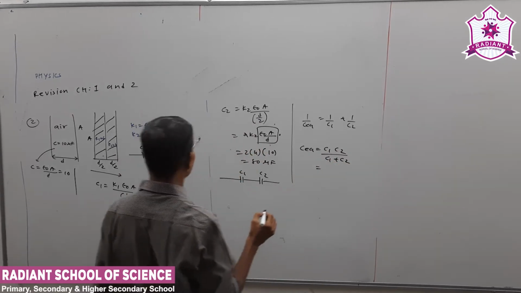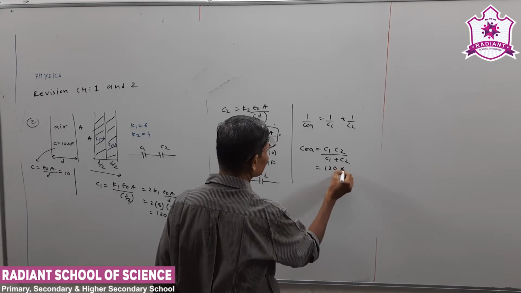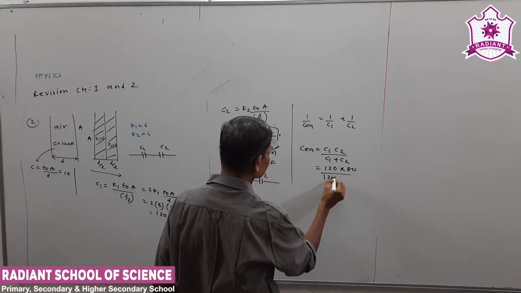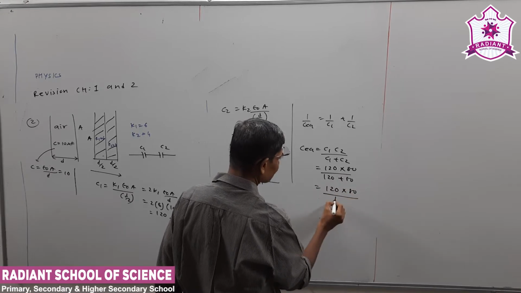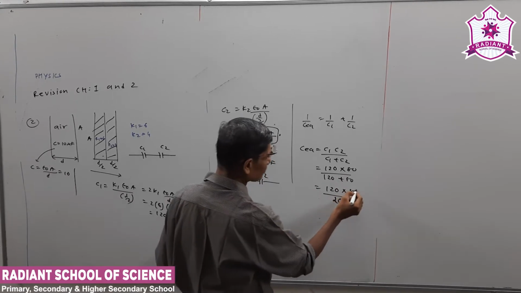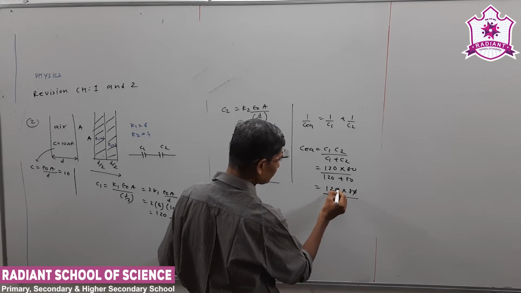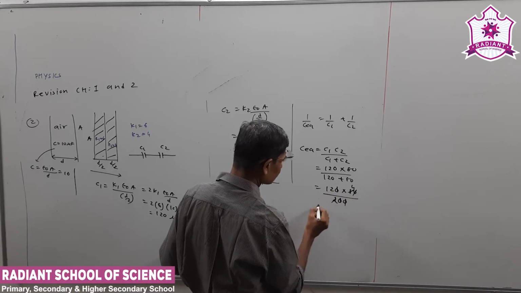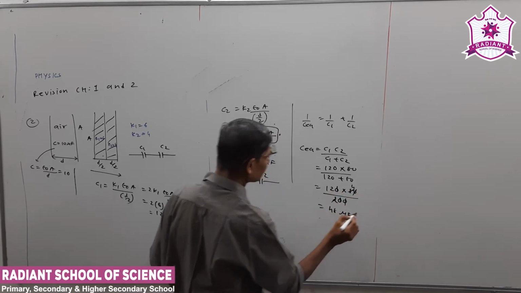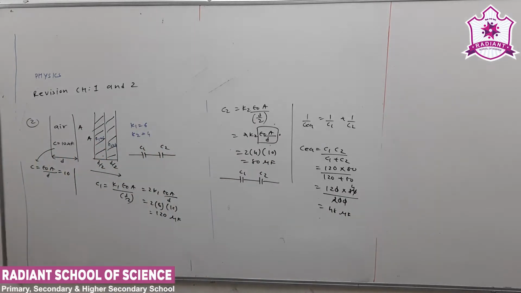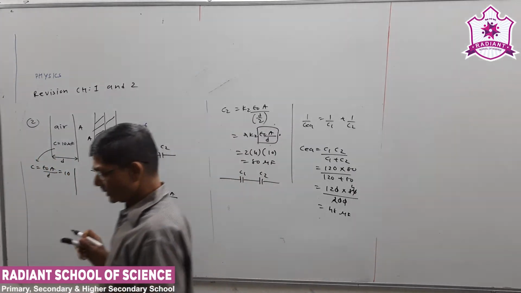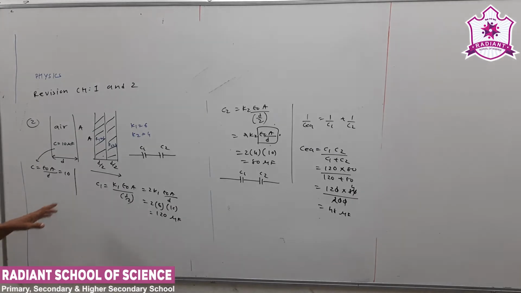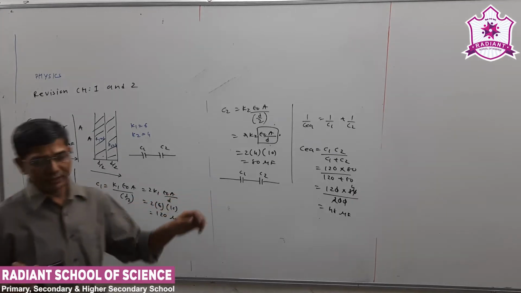C1 value will be 120, C2 is 80, divided by 200. So when dielectric slabs of d by 2 and d by 2 are placed between the plates of the capacitor, the value will turn out to be 48 microfarad.